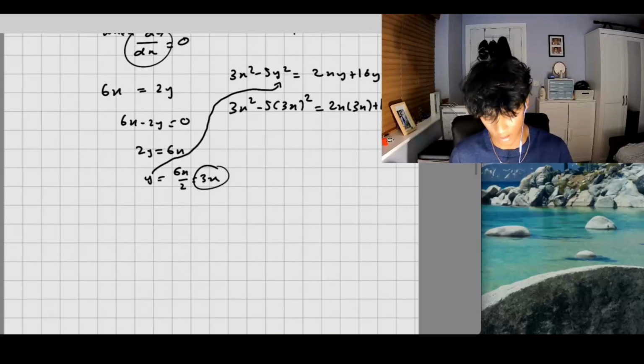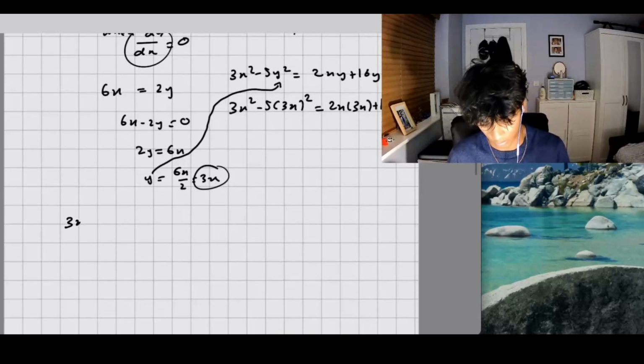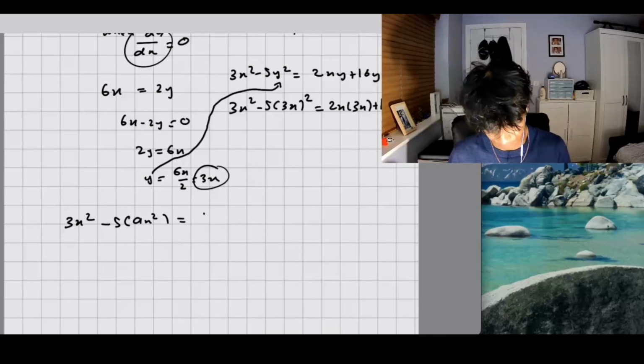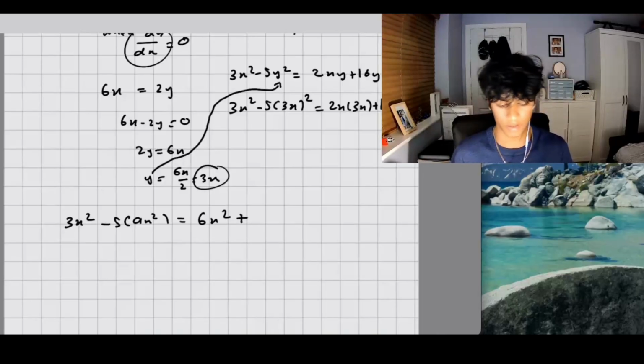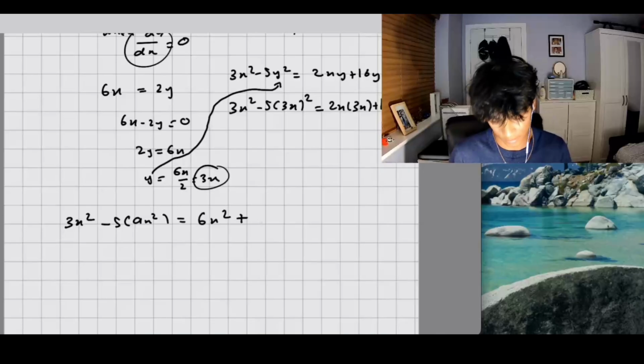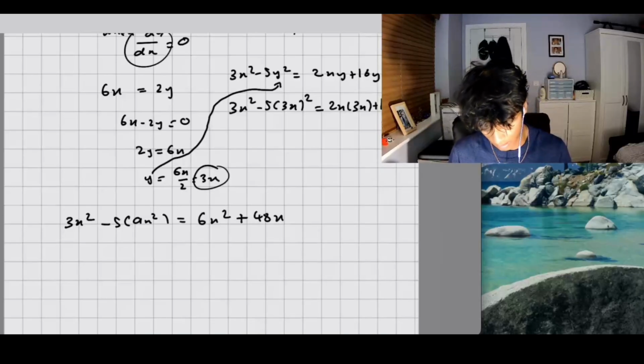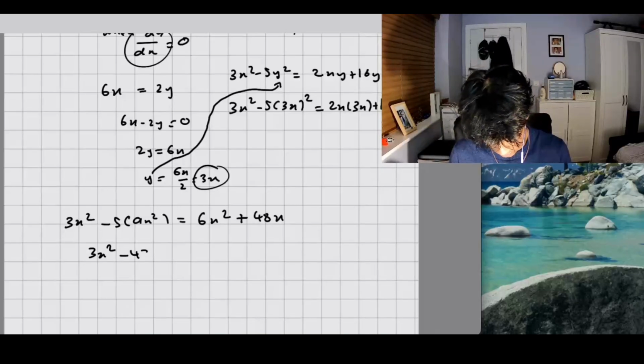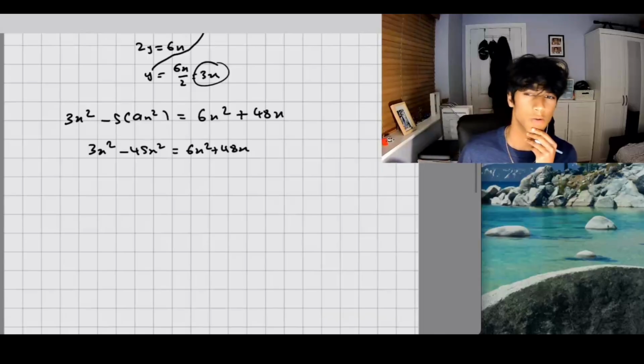If we do that, I'm going to write this down here: 3x squared minus 5, 16 times 3 is 48x. Yeah, that should be what you get.